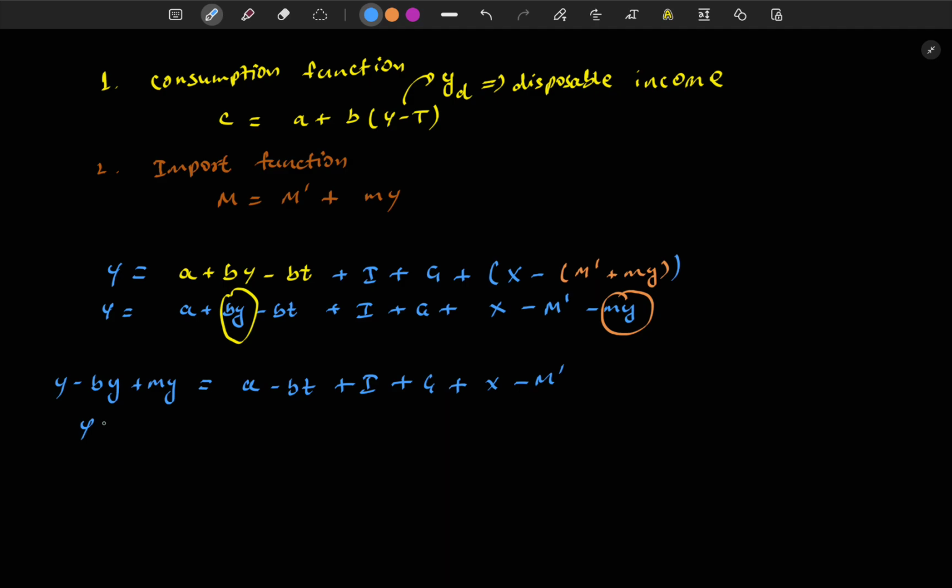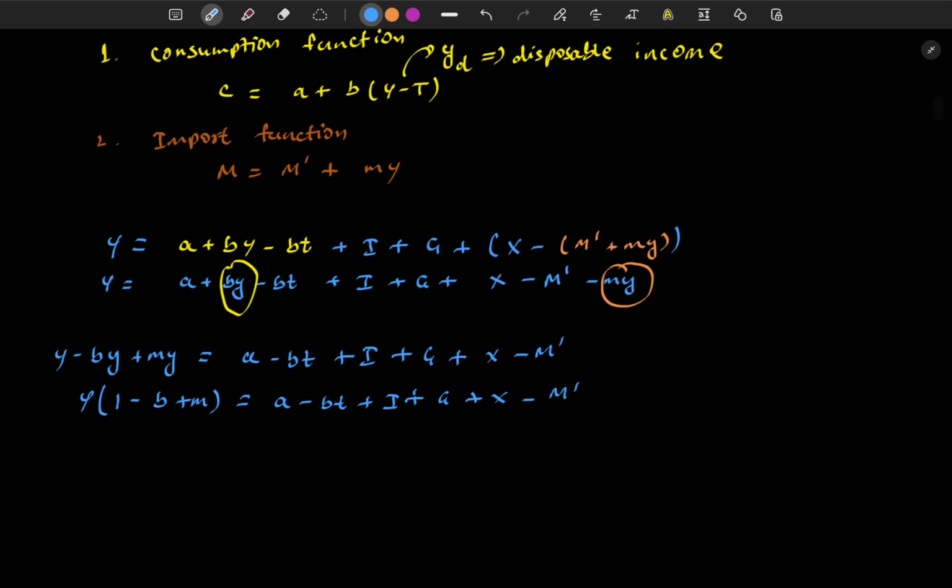So this is Y times (1 minus B plus m), equal to A minus BT plus I plus G plus X minus M dash.